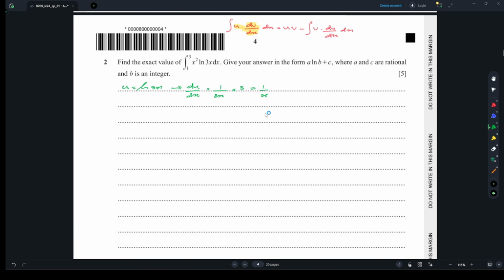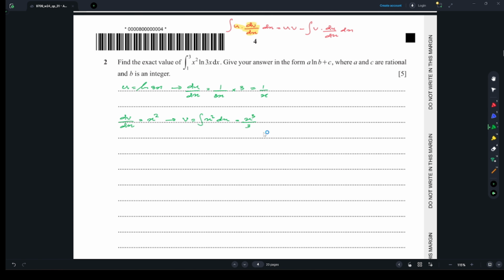And then for dv over dx, we have to select x square. From this, you have to integrate x square dx. So then it is x cube over 3, right? Done.